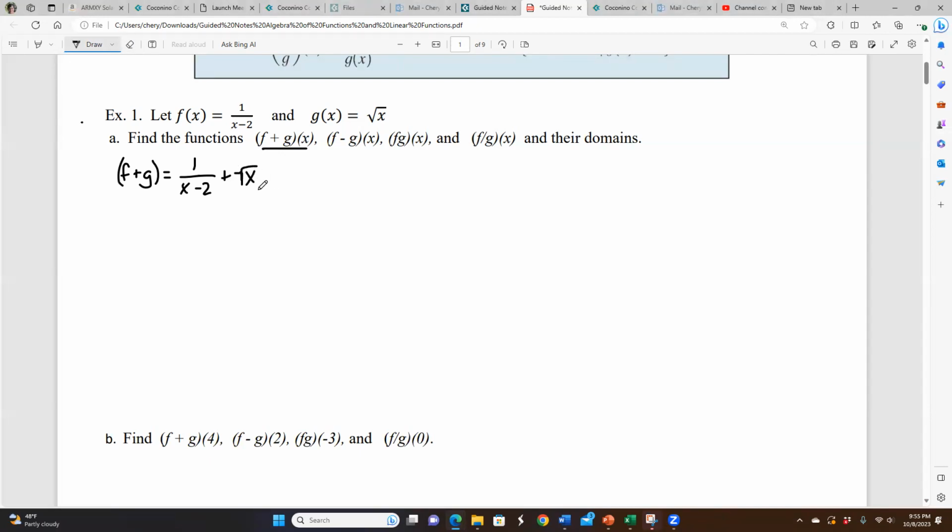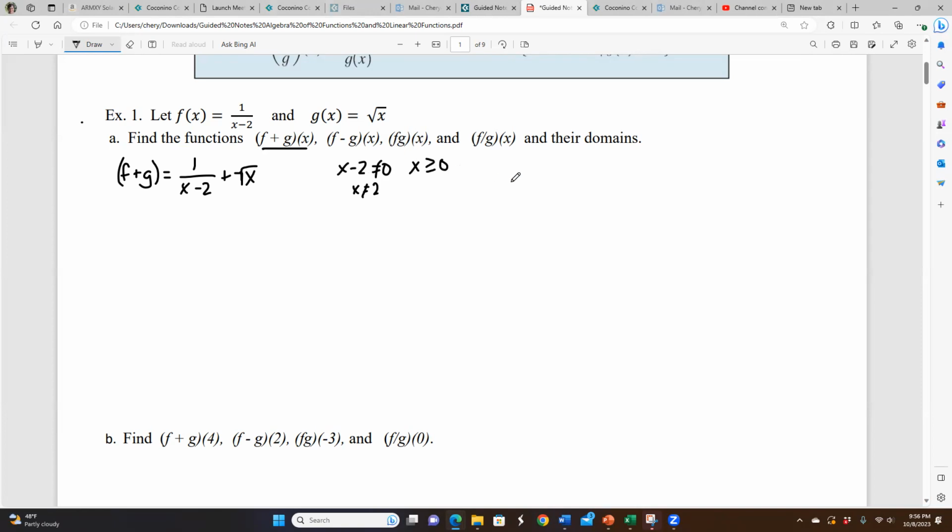The domain, as we looked at in our previous videos, is all values of x should be fine unless they are restricted by the function in some way. So if we look at our first part of our function here, we have a denominator. And we know that denominators can't equal 0. So if I move that 2 over, I get x can't equal 2. And here we know that I can't have a negative underneath my square root. So I say this x has got to be greater than or equal to 0.